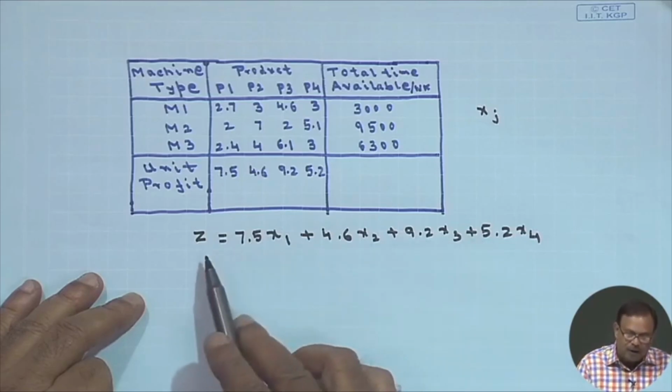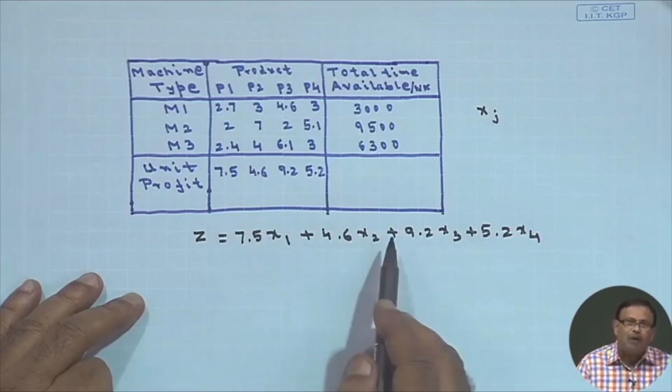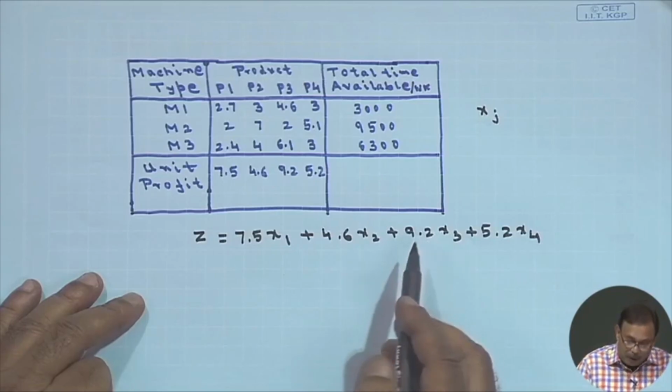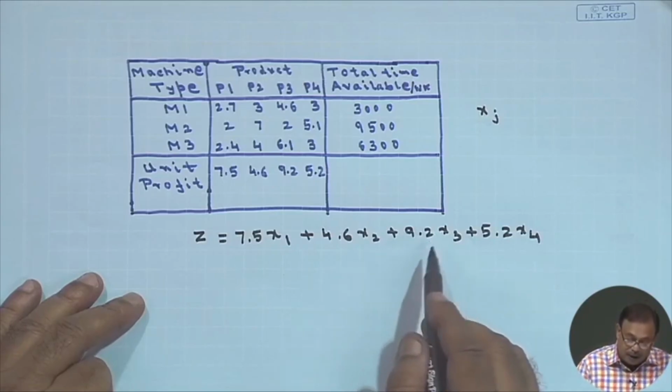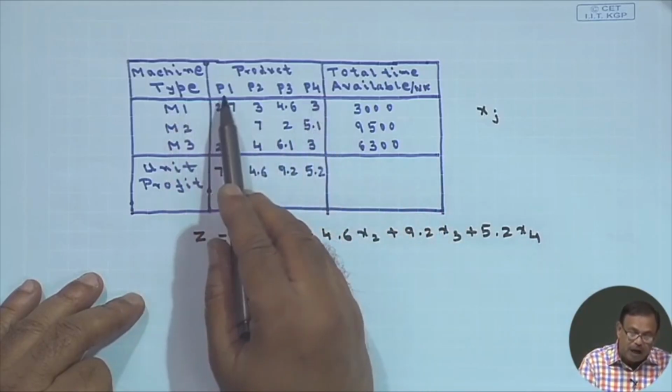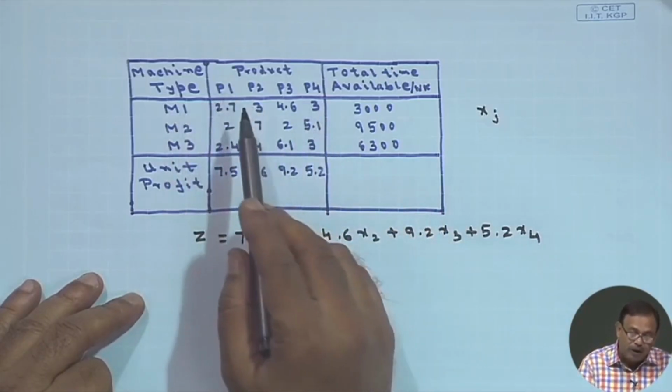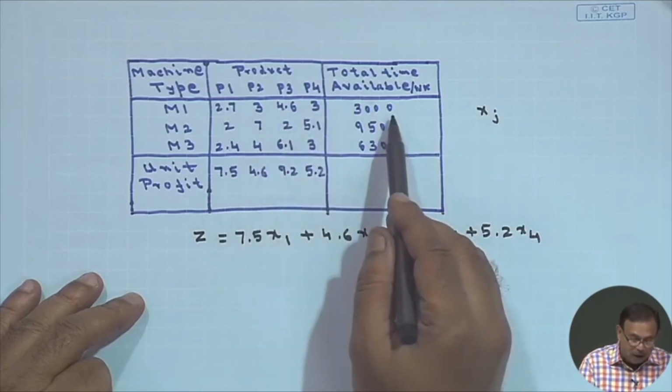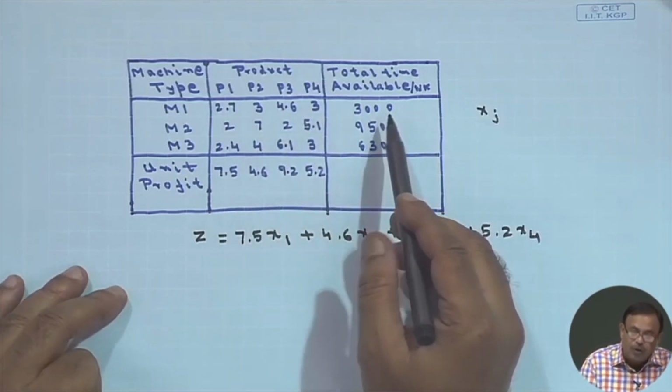So, this is a function z of 4 variables, but this is not all. There are certain constraints, because each machine can produce a maximum quantity of each product and the time constraint is also given.